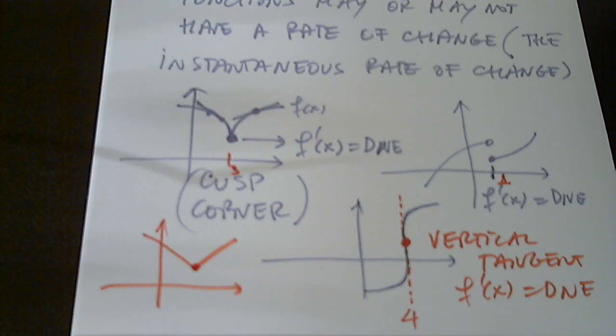So we still don't know how to calculate the derivative, but I want to look at a couple of graphs first. Okay, so let's say this graph. Does the function have a derivative, a rate of change at this point at x sub 0?